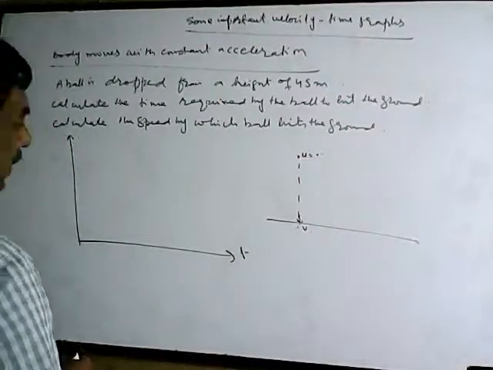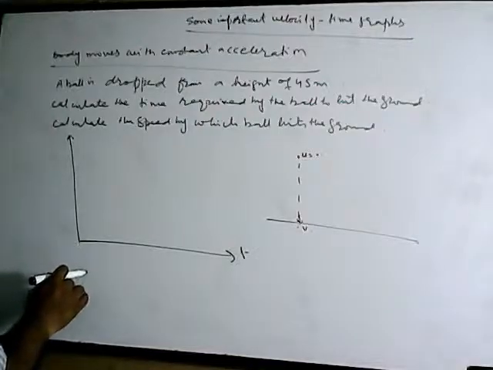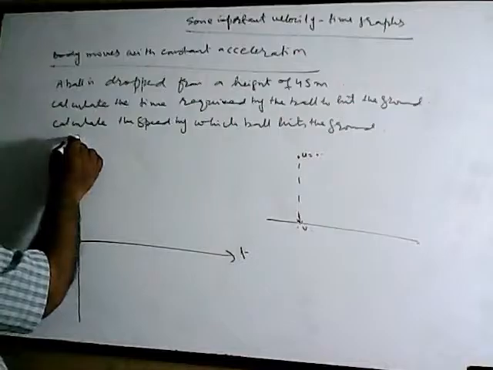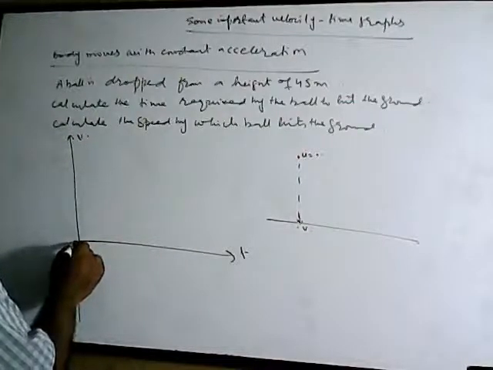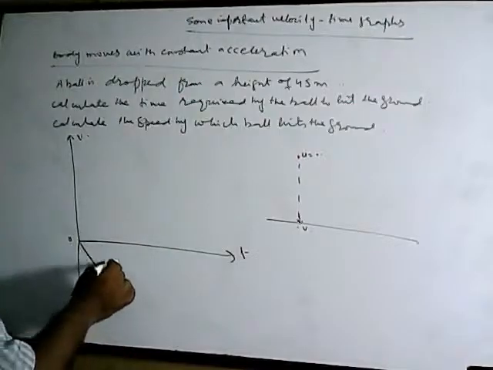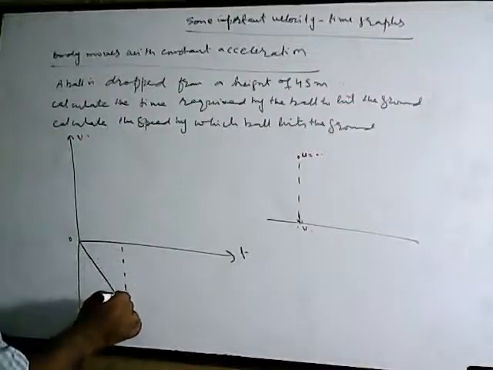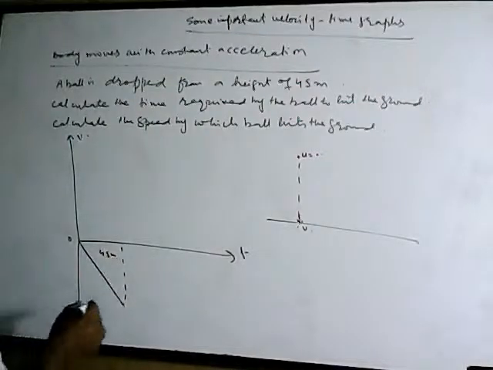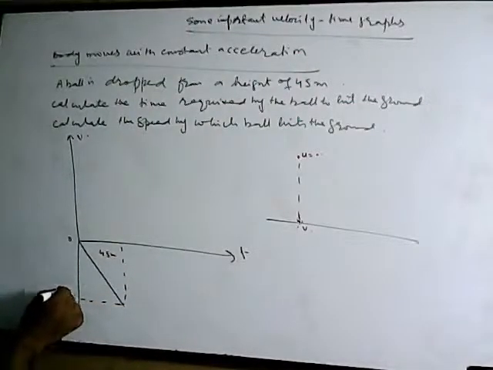I am taking this velocity as negative because the ball is coming down. The velocity is 0 initially, and it strikes the ground after some time. This area is 45 meters, and this velocity is v.